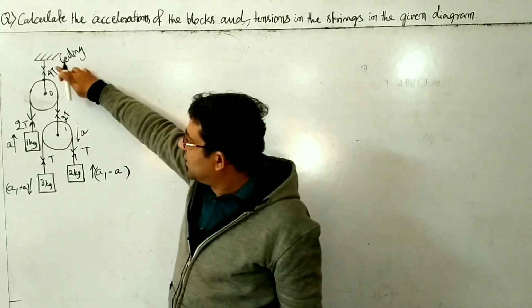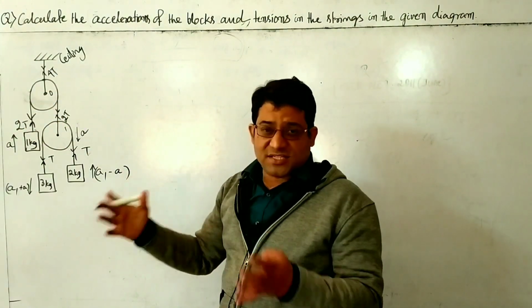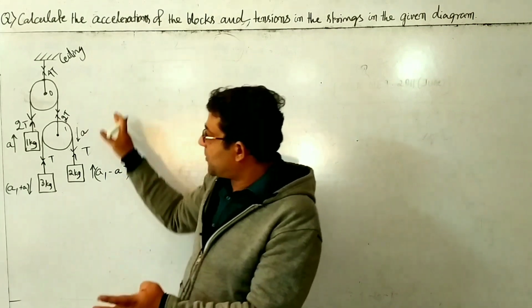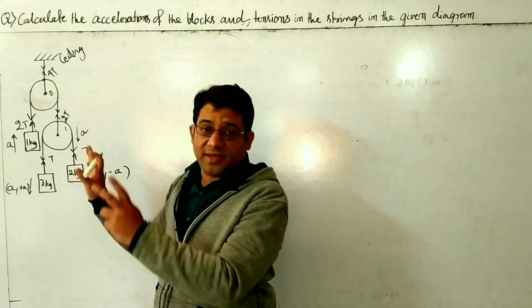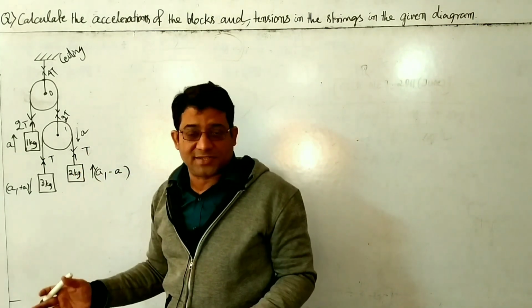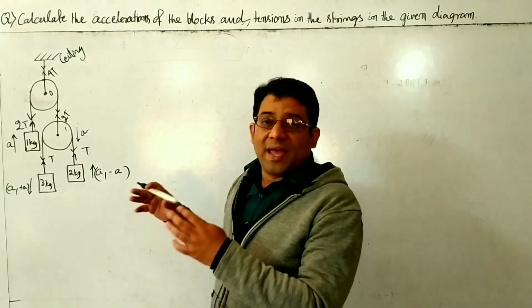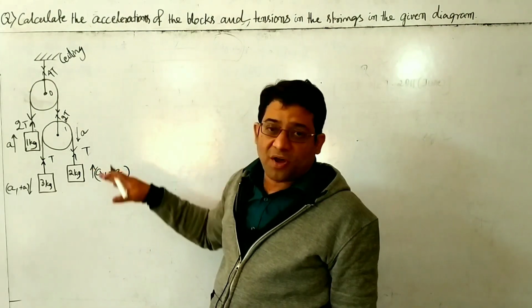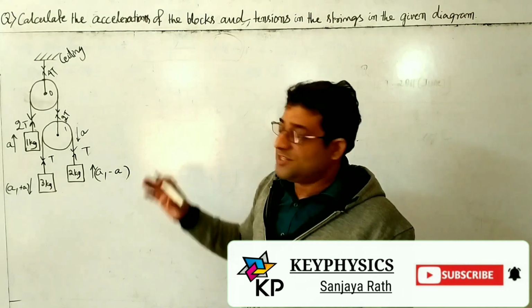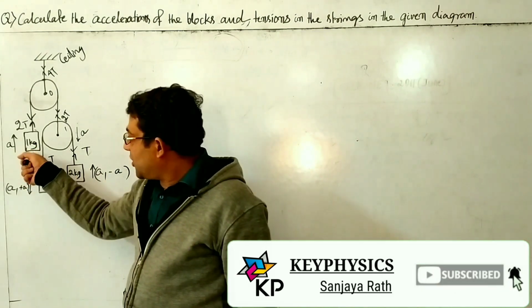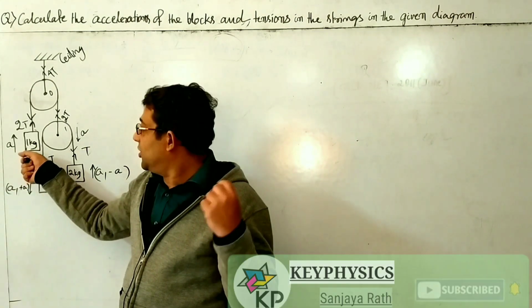Have you understood? Once you understand the relationships between tensions in the various parts of the system and accelerations of the various blocks, after that it's pure mathematics. We are simply going to apply Newton's second law for every block and solve it. How easily? Let us see. For this you put Newton's second law.